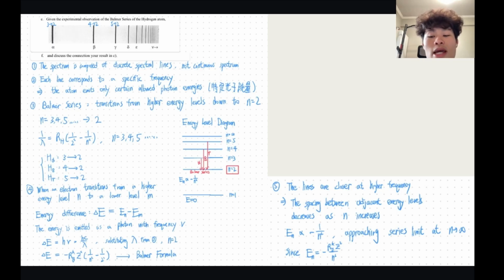The spacing between adjacent energy levels decreases as n increases. So approaching the series limit at n is infinite, since En is minus Ry star times Z squared over n squared. This is the result in C. So this is our discussion for task 1.